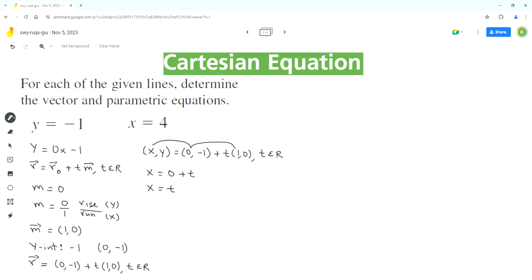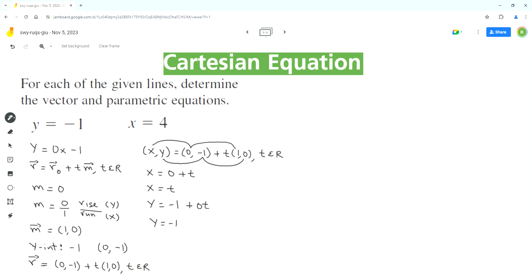Now we can write the y equation. So we can ignore the 0 times t term because 0 times t will be equal to 0. So this is the y equation.